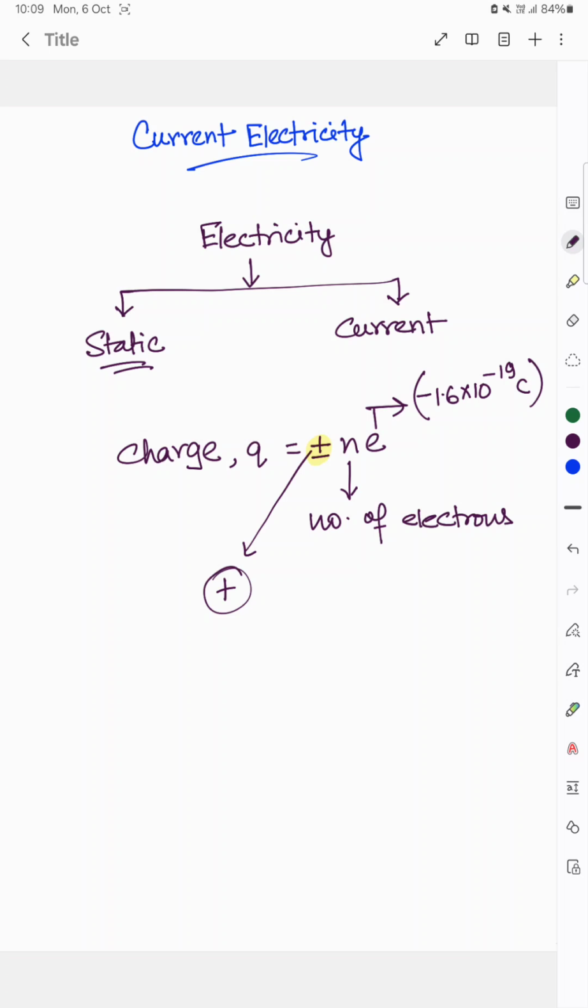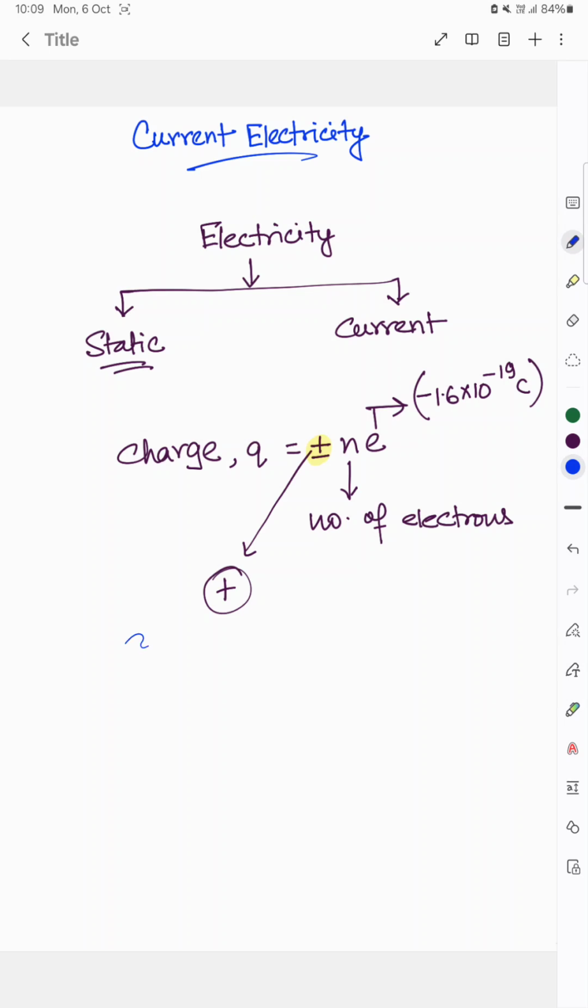That situation can be related to static electricity, where there is no movement. But now think about the situation where all the students are going back to their classes, so there is a flow, right? Now this is current electricity.